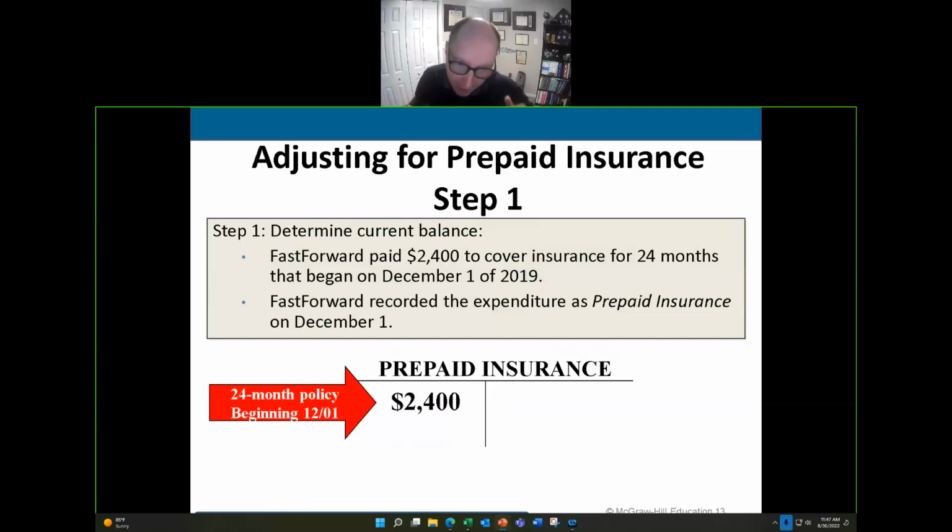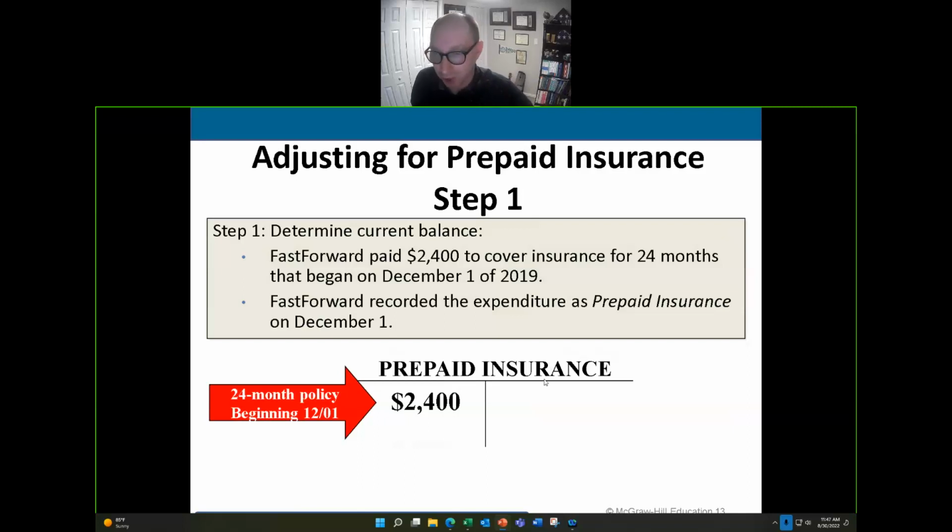So we debit prepaid insurance to increase the prepaid insurance, an asset account. And we credit our cash to reduce our cash, also an asset account. See how it balances on the accounting equation.